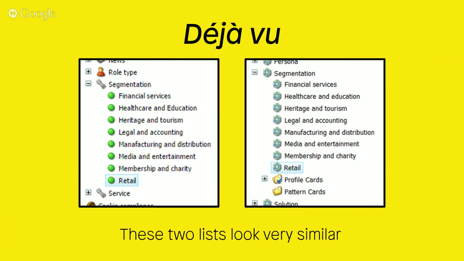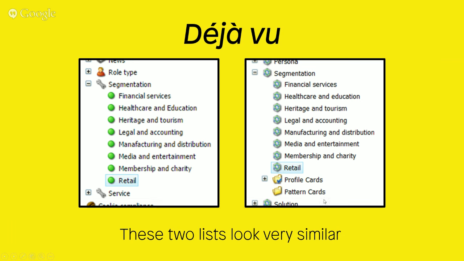So in this example, on the left hand side, you've just got this list of tag items. On the right hand side, we've got a profile, and the items inside those two lists are identical. We've got a couple of extra things for the profile, but that's just because it contains more information anyway. But they are very similar.